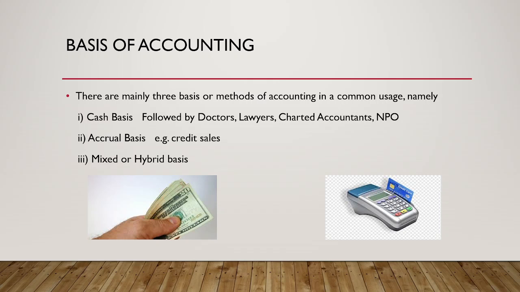Right. So it is booked in the books of accounts when the goods are sold, and not when the payment is actually received after 90 days. So that is what accrual basis is. Now what we have is mixed or hybrid basis, which is a combination of both cash basis and accrual basis. Fine. Let's move on to the next slide.